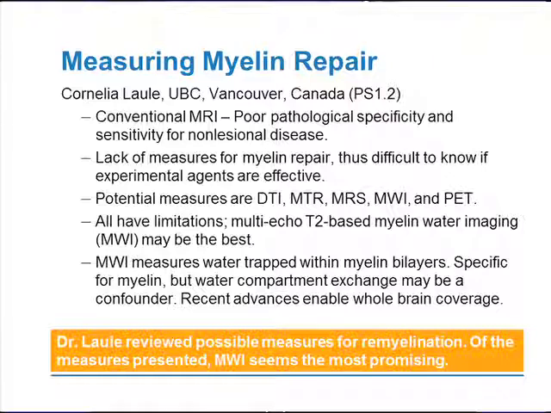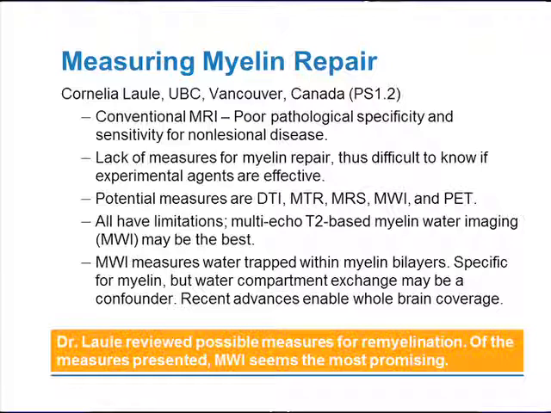Another was magnetization transfer ratio, which looks at bound and unbound water, and actually may have some advantages in terms of the sensitivity, also being able to look at gray matter remyelination. Then MRS, which is spectroscopy, looking at the chemical components. She talked a lot about her particular area, which was myelin water imaging, and also PET.